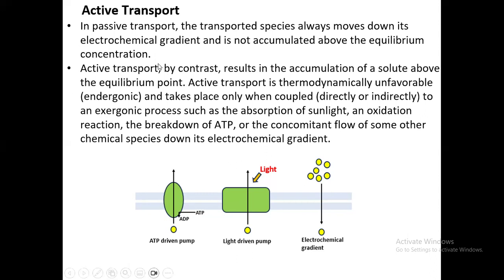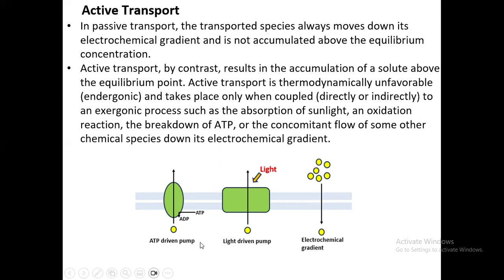That is, the transport can occur from a location of low concentration to a location of high concentration. So it can move in the opposite direction of the concentration gradient. And obviously, because of that, it requires energy in the form of ATP.